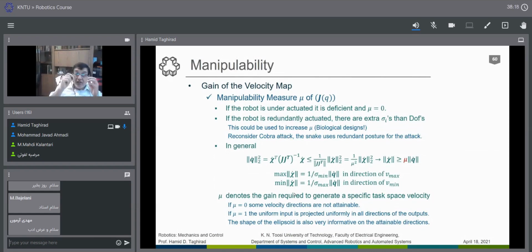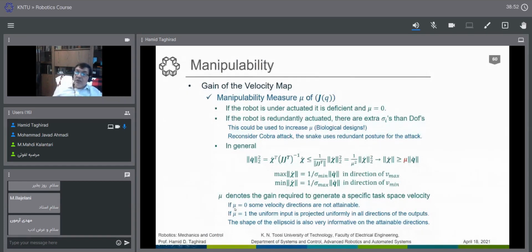And again, I remind you of the card player, who has very fast speed in the fingers, so that you don't notice the tricks he is doing. This is because he has very fast speed at the fingers, and having very fast speed at the fingers means having a larger manipulability measure in the design of the hand. Of course, he has a lot of training as well to use that speed in the fingers.